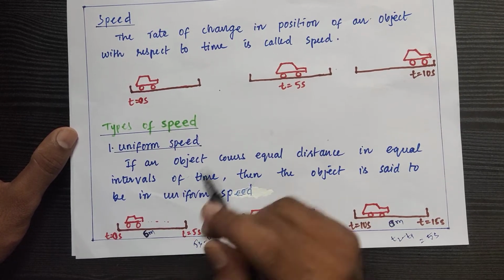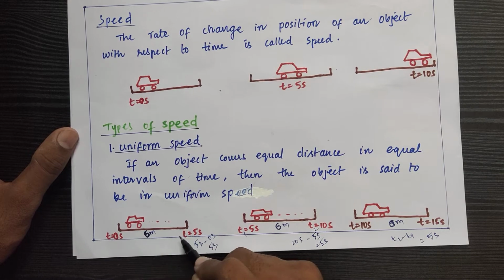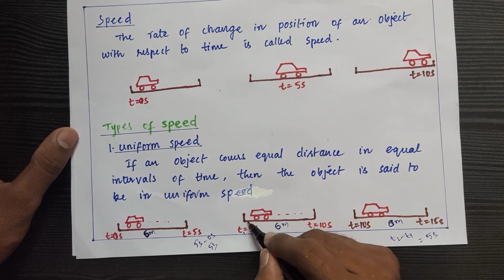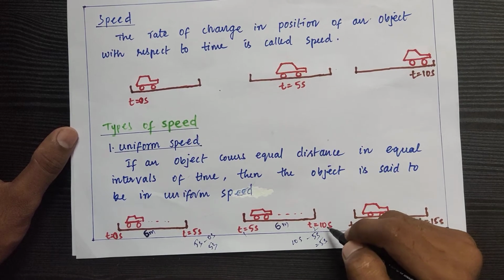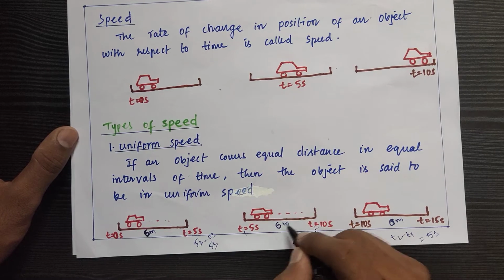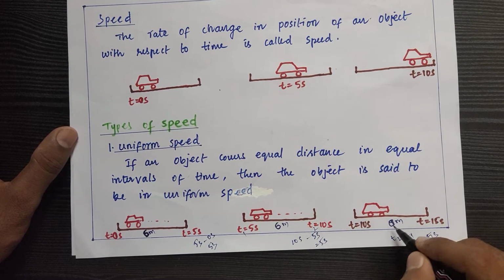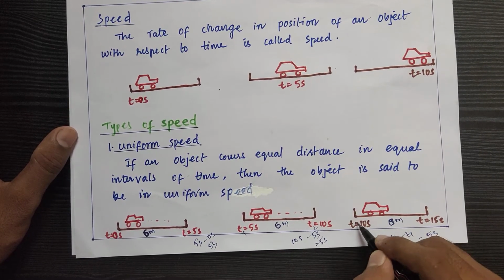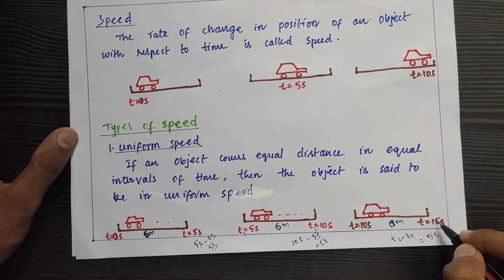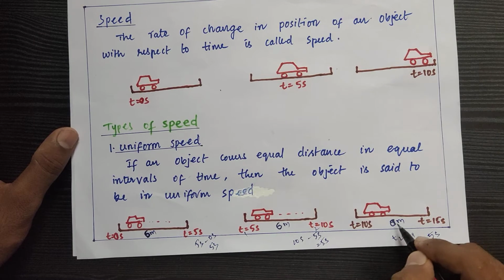Again, at t equal to 5 seconds, the car is here, and at t equal to 10 seconds, it is here, and it covers 6 meters. In case 3 also, at t equal to 10 seconds it is here, and at t equal to 15 seconds, it covers 6 meters.